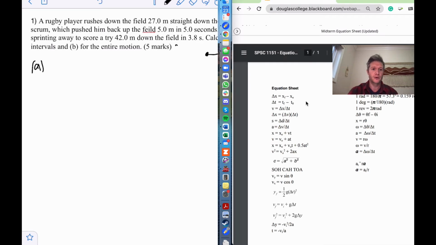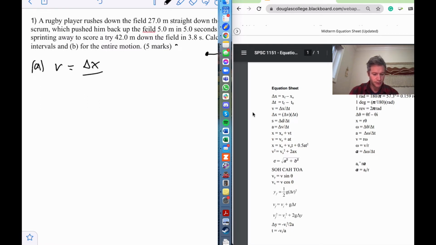So if we go to our equation sheet, we can take a little look here that if we're looking for velocity, we can see pretty early on, okay, you're actually given velocity for one of these. Now this equation here, the third one, is just a rearrangement of this equation. We can just look at velocity, it's a fairly common one that we have, equals the change in our displacement over time.